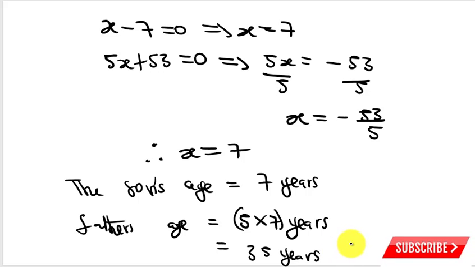So yes, the son is 7 years old and the father is 35 years old. This brings us to the end of question 7 of the WASSCE 2020 Core Math Theory paper.